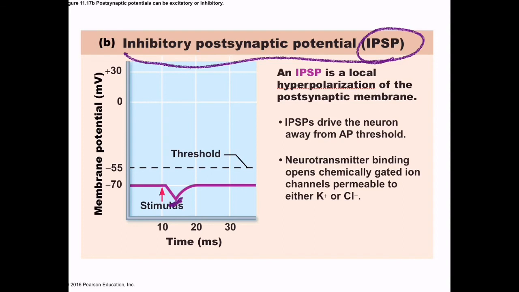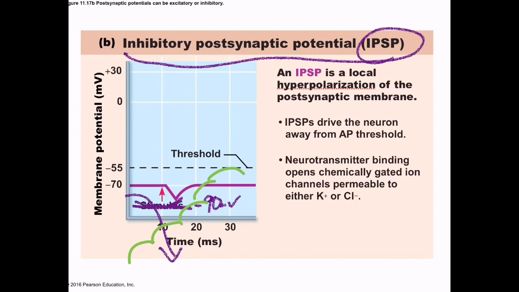It hyperpolarizes the cell, it makes it much lower, somewhere in the ballpark of maybe negative 90 millivolts, for example, or even 100. So the cell is really suppressing its ability to get an action potential. It would have to take a lot of other stimuli just to get us back up to threshold. So it really shuts it down. That's that type of graded potential.